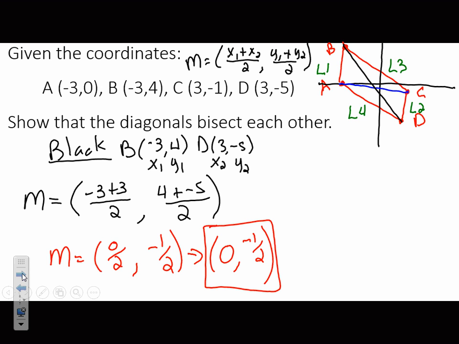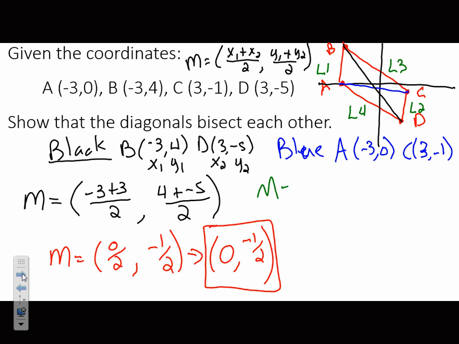Now, in order for them to bisect, the blue line also has to be the same. So when we look at the blue line, we're looking at A, which is 0, 3, and C, which is 3, negative 1. So we plug that into the midpoint formula.